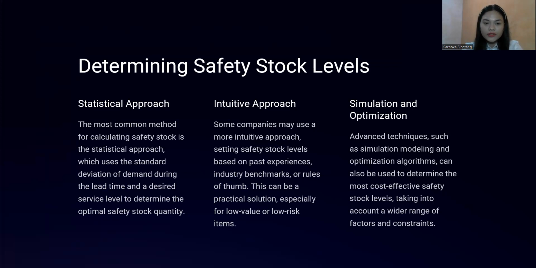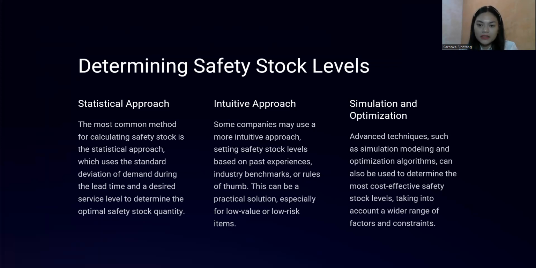Intuitive approach. Some companies may use a more intuitive approach, setting safety stock levels based on past experience, industry benchmarks, or rules of thumb. This can be a practical solution, especially for low value or low risk items.